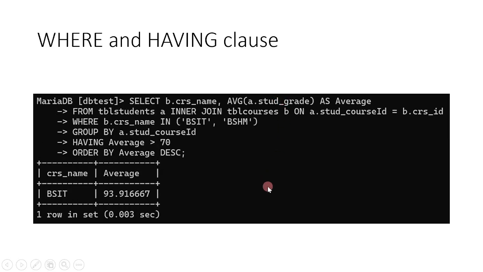Okay, so I have here an example of where and having clause. Same, the course name, the average, then I have a where clause here. Where course name, so in the aggregate operation here, it only gets the values for BSIT and BSHM. So in our where clause, we have now our condition.